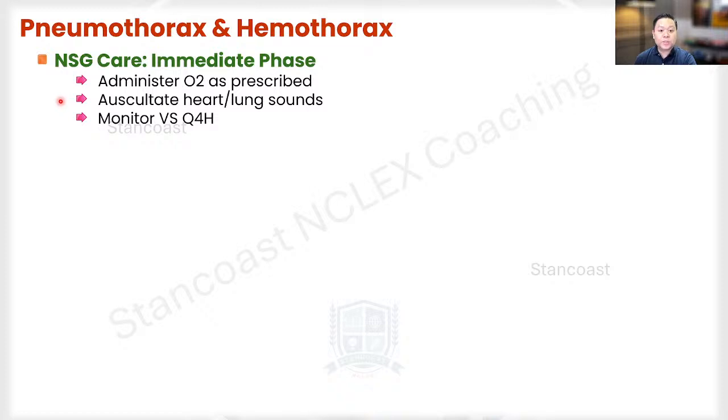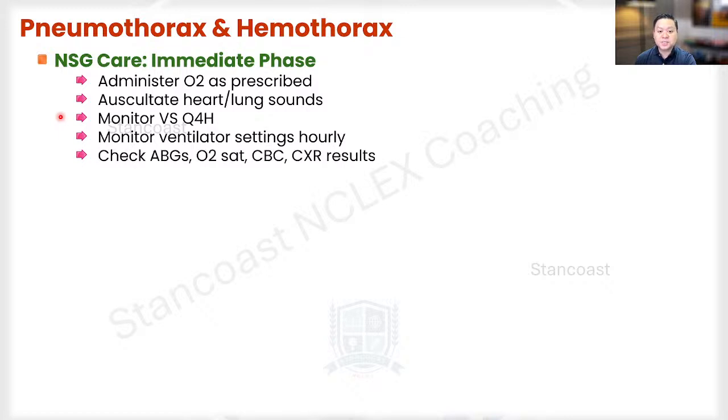Well, that would really require you to make sure that you document the ventilator settings hourly, also to check for the symmetry of their chest wall, I mean the movement of the chest wall, and also making sure that your patient's lab results, let's say the ABGs, oxygen saturations, complete blood count, and also the chest x-rays have been evaluated in a timely manner so we can address those issues. And you can also assist the patient in positioning, of course.